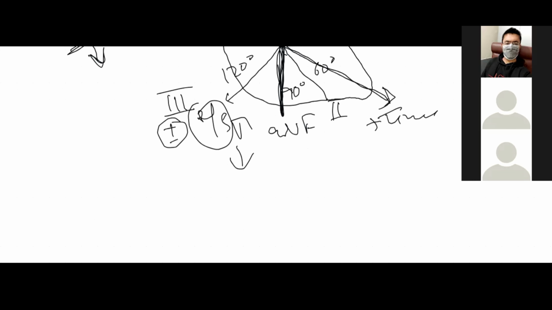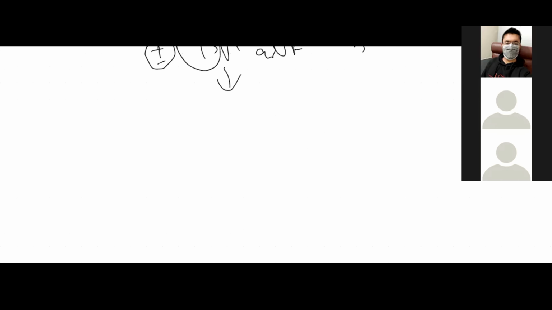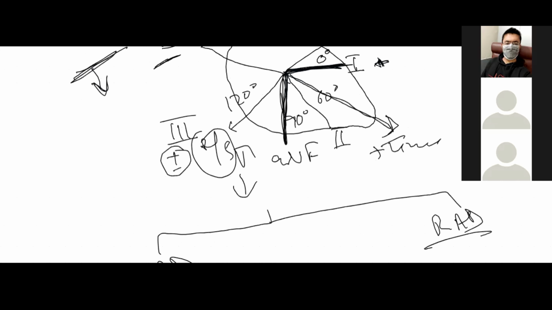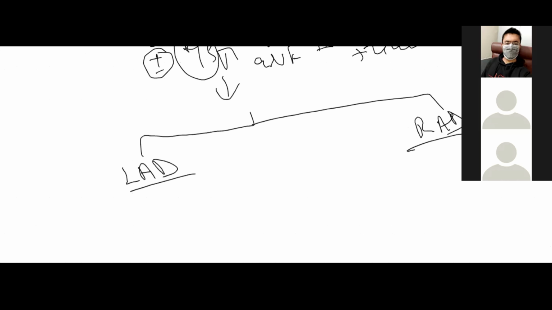Yes. Now there are two types of deviation: left axis deviation or right axis deviation. As we discussed earlier, normally lead 1 and lead 2, both of them are positive.